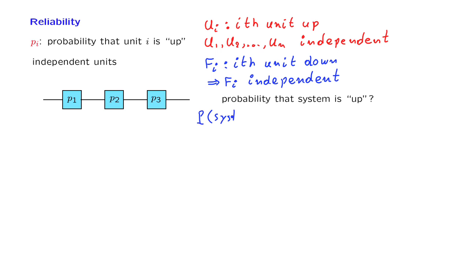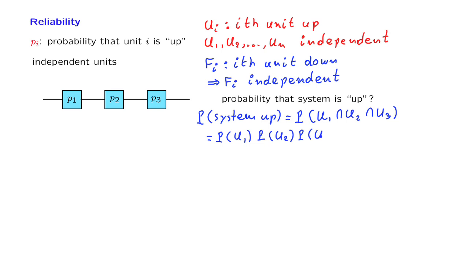The probability that the system is up, this is the event that the first unit is up, and the second unit is up, and the third unit is up. And now we use independence to argue that this is equal to the probability that the first unit is up times the probability that the second unit is up times the probability that the third unit is up. And in the notation that we have introduced, this is just p1 times p2 times p3.